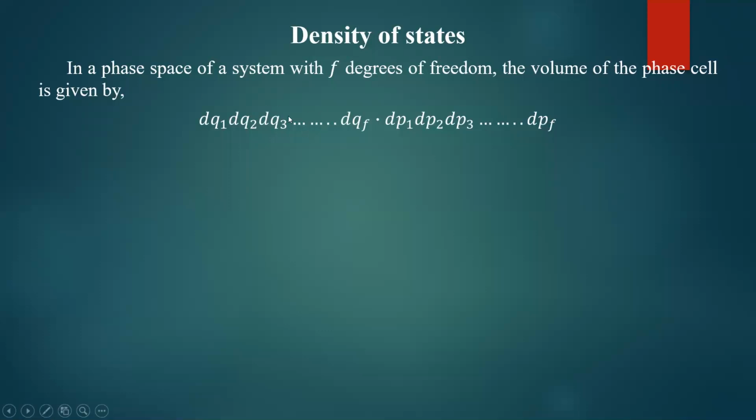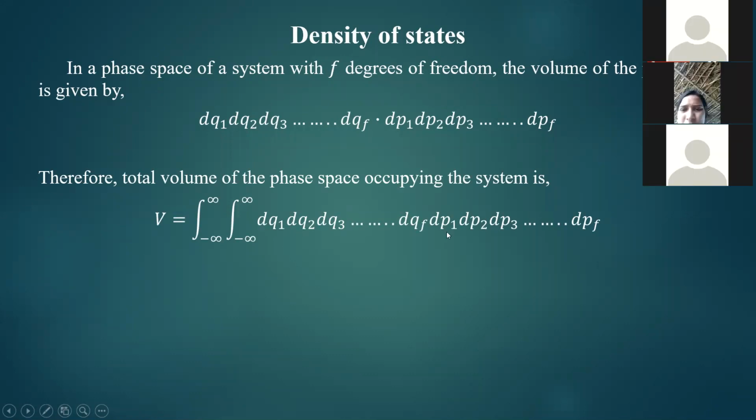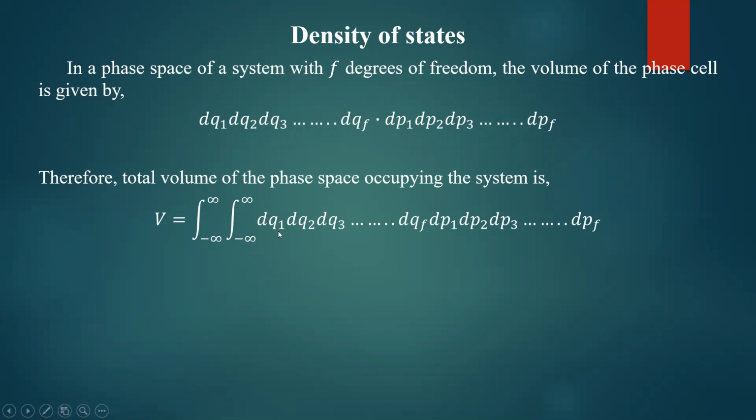It has f degrees of freedom, which is why you have f position coordinates and f momentum coordinates. Therefore, what is the total volume of the phase space occupying the system? This is the volume of the phase cell. If you integrate it, you will get the total volume.